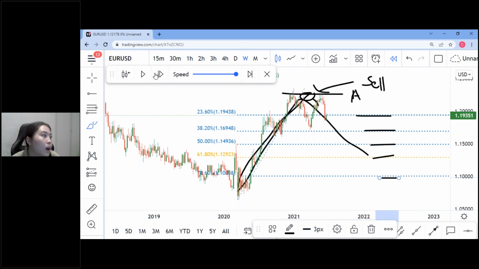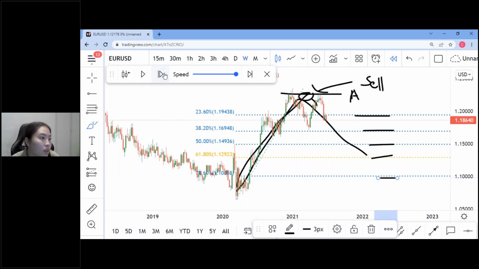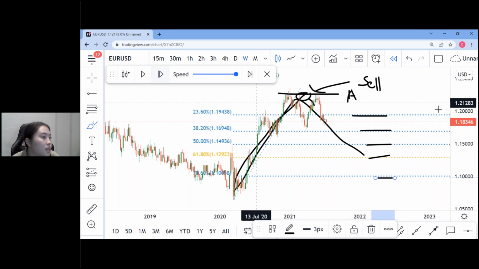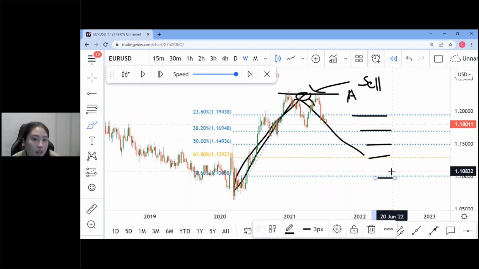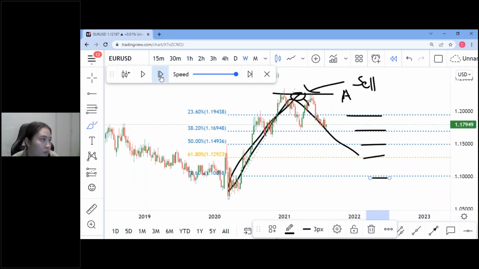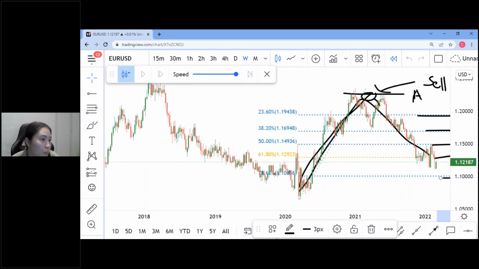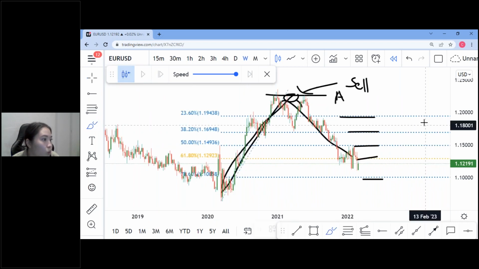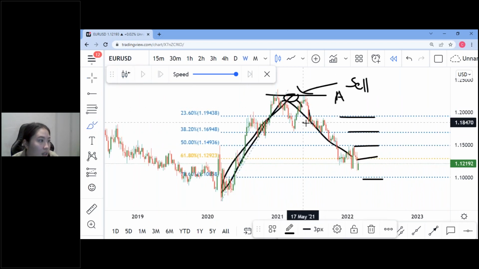Based on where current price is, these are 5 possible levels that price is going to go to. Based on what happened, price already passed the 23.6 level, so it is not relevant anymore.